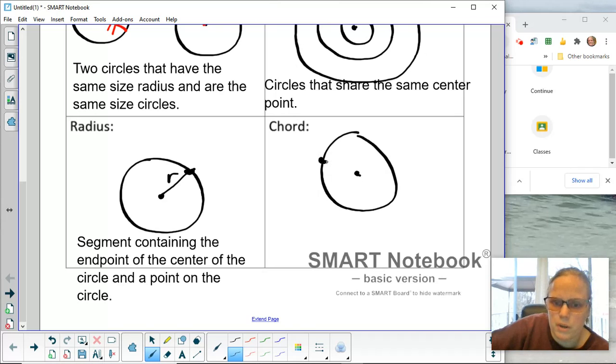So maybe I'll choose a point here on the circle and a point here on the circle, and when I connect them, I've made a chord. Now, that doesn't have to be where it's located. I could have it located somewhere else, like let's say I went this way, or I could have it go through the center of the circle itself, as long as its endpoints are on the edge of the circle.